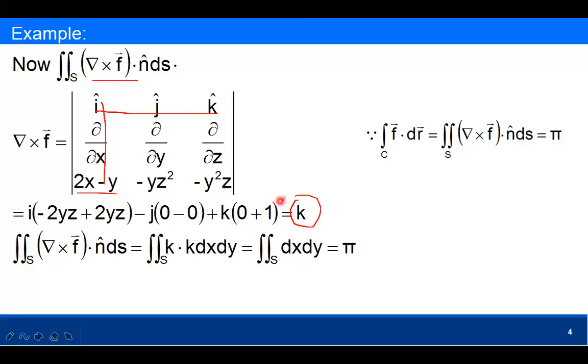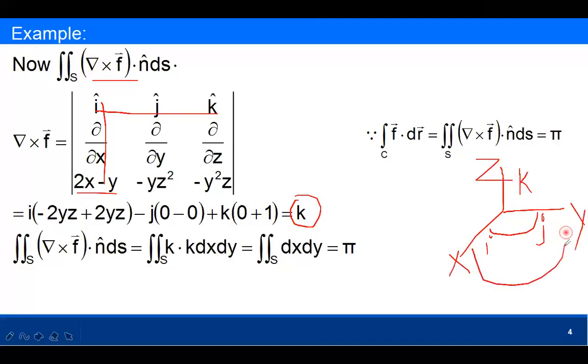Now in the case of the xy plane, with unit normal vector i, j, k and axes x, y, z, this is the xy plane. What is the unit normal vector perpendicular to the xy plane? That is k.